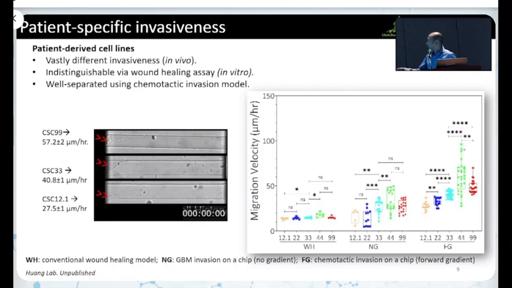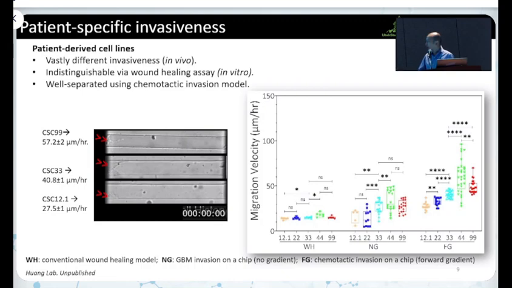As you can see, in a traditional wound healing assay, it's really difficult to show this, right? In most cases, those numbers basically represent how aggressive these cell lines are in patient outcome, as well as in rodent animal studies.